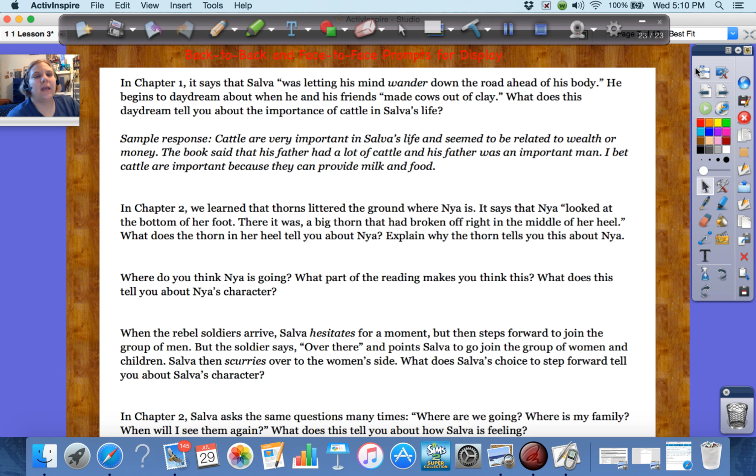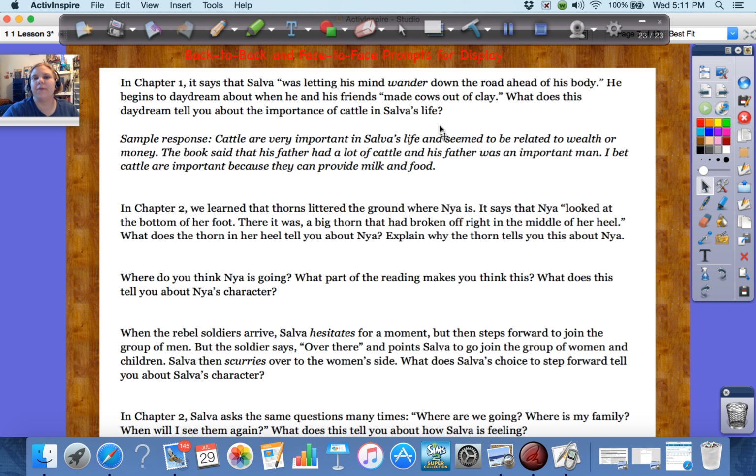Then this is an activity that we would have done in class, back-to-back and face-to-face prompts for display. This would just be to help you out, but I'm going to read some of the actual protocol so you would know what to do the next time. The purpose is a way for students to share information and then gain multiple perspectives on a topic.